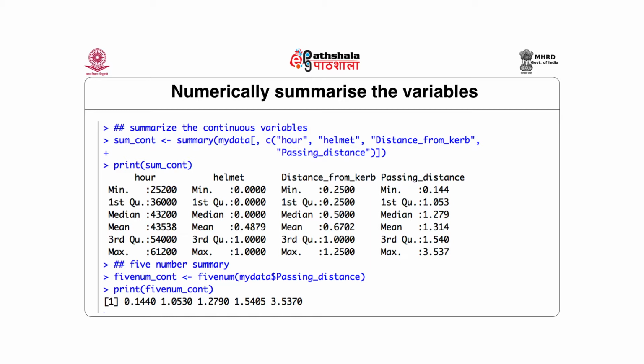But more commonly, when we are interested to find out summary statistics of the entire data set, we are not interested to find out the summary statistics of only one variable. We would like to get the summary statistics for the entire range of variables that we are interested in. You can do the same thing with R, and it's quite an interesting way of doing it.